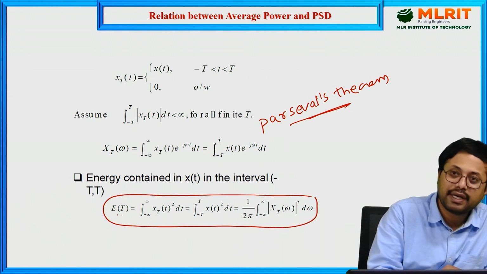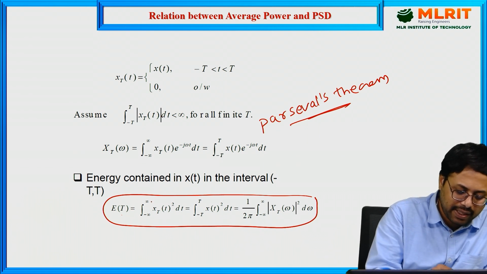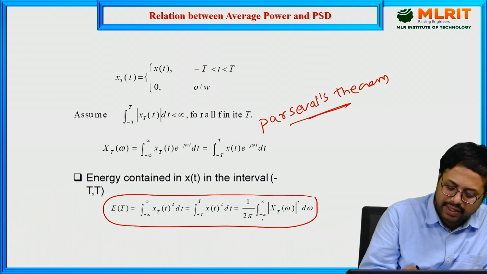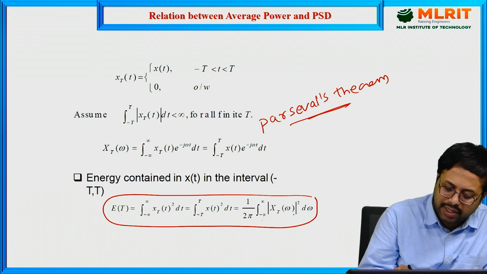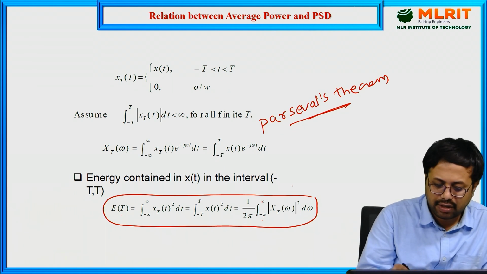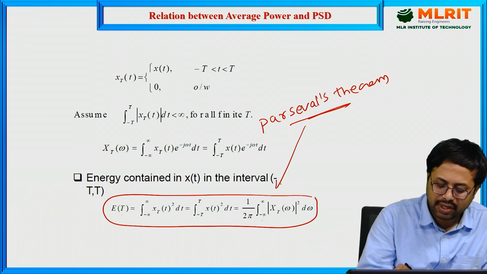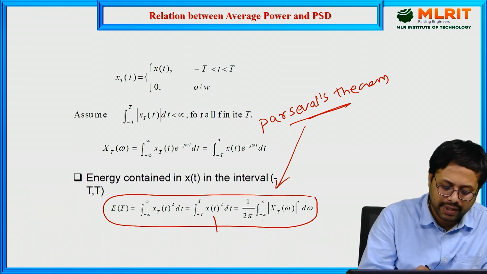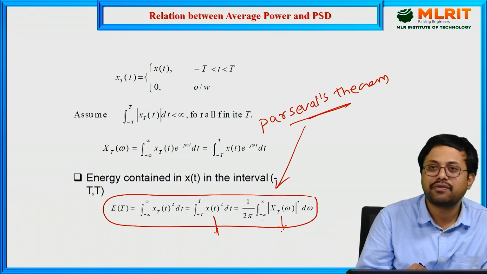Energy in terms of t, the integration from minus infinity to infinity of x_T of t whole square dt, is equal to 1 by 2 pi integral from minus infinity to infinity of modulus of x_T of omega whole square d omega. This is the definition of Parseval's theorem. It gives a relationship between energy in time domain and energy in frequency domain.